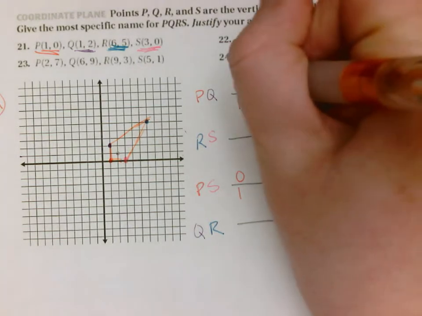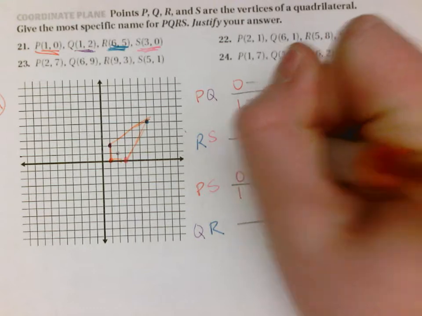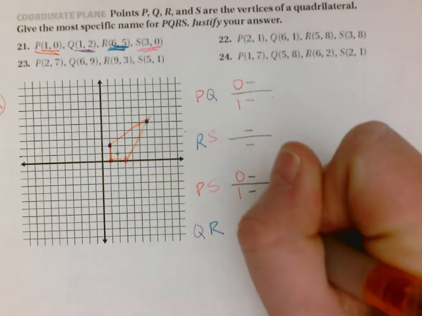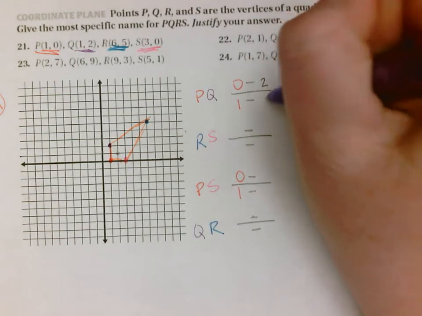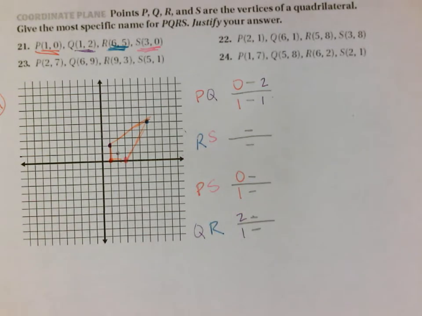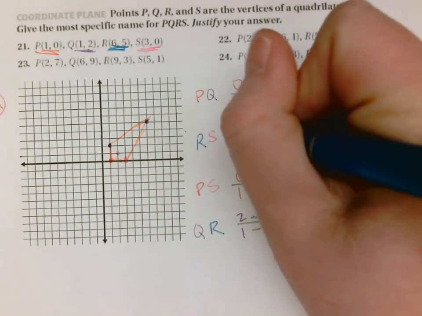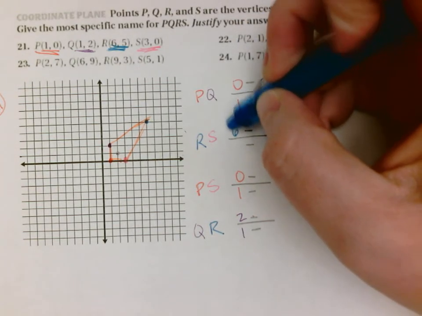I could put minuses in here, because you're going to subtract with your slopes. And the second point I will put in parentheses. So Q is 2, 1... sorry, Q is 1, 2.